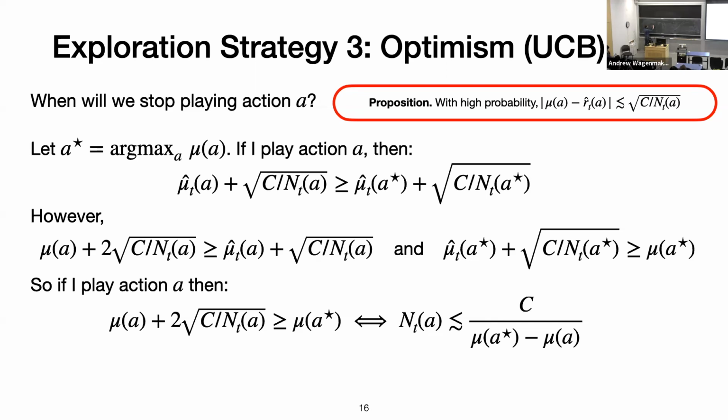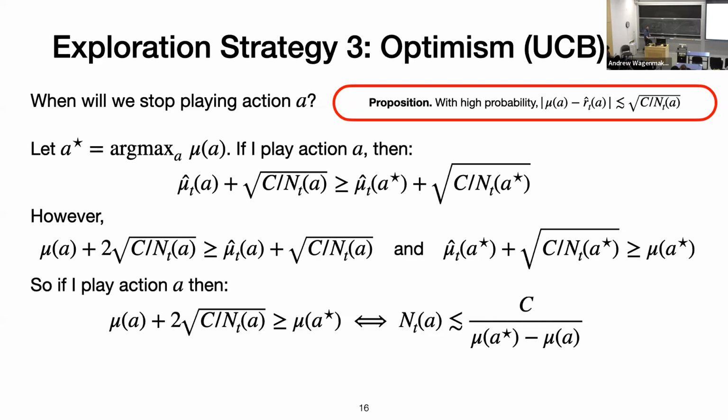The number of pulls for arm 2, I can bound as 1 over mu1 minus mu2, squared, while the pulls for arm 3, I can bound as 1 over mu1 minus mu3, squared. Now, if mu2 is much less than mu3, then this will be a much smaller term than this term, which essentially says that I pull arm 2 a lot less than I pull arm 3.